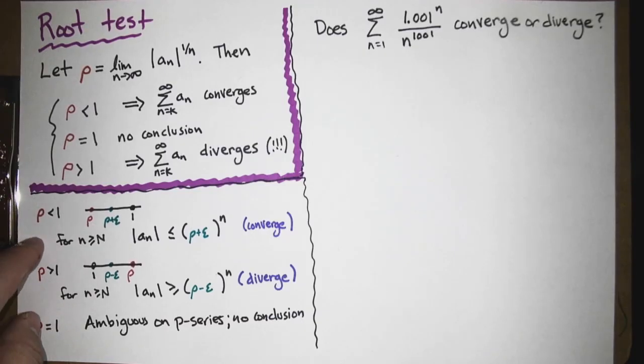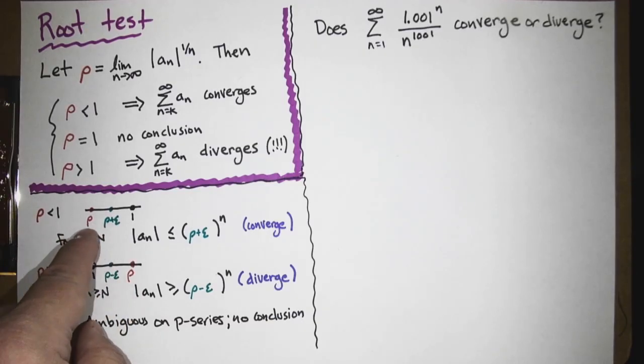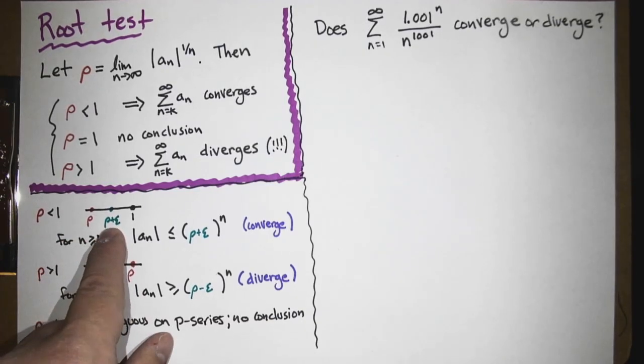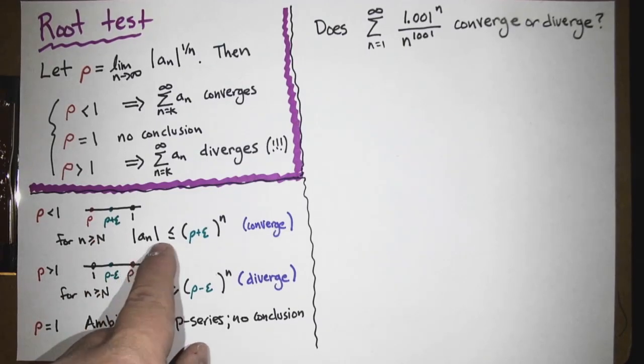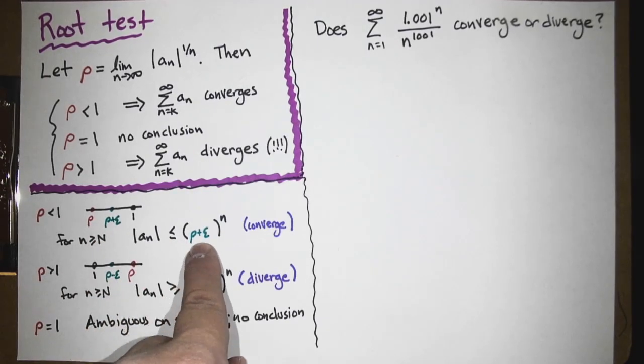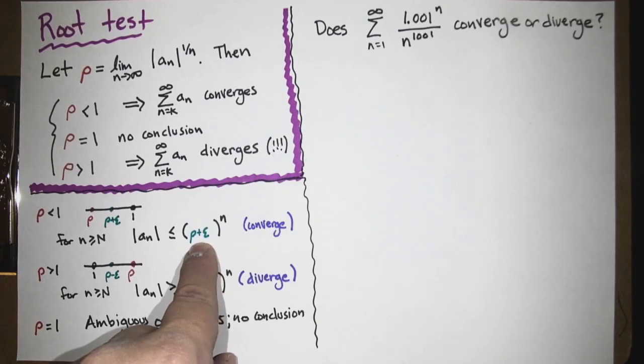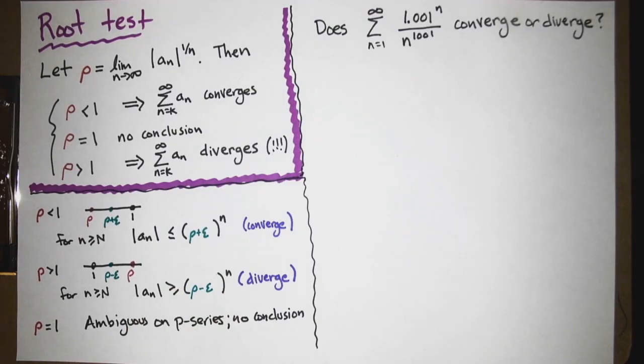If you're less than 1, well, you can give yourself a little bit of a cushion. Then for large n, you're less than rho plus epsilon to the n. So for the tail, and that's where we care about, the end of the series, the near the infinity part, you're growing like geometric. In fact, you're bounded by a converging geometric series.